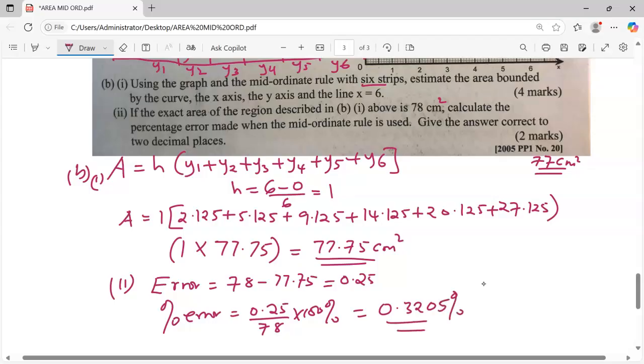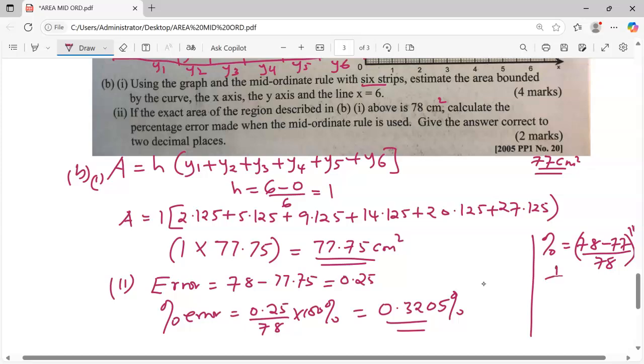0.3205%. And if you use the whole numbers and you get the area as 77, then the error is going to be 78 minus 77. The percentage error is going to be 78 minus 77, you divide by 78, then you multiply this by 100.